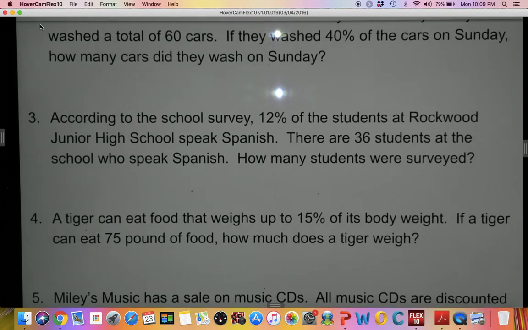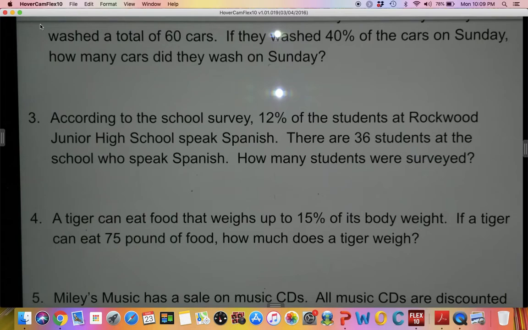So, 15% is our part of our percent proportion, 15 over 100. If the tiger can eat 75 pounds of food, that should say pounds. I'm not going to go back and fix it though. How much does the tiger weigh? So what's our part? Is the amount that it weighs the whole, or is the amount that it weighs the part?